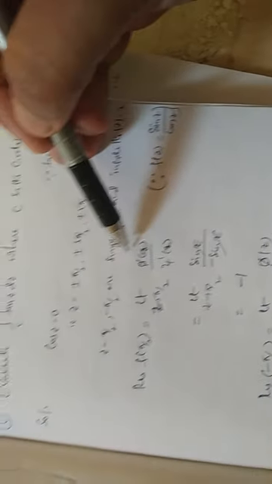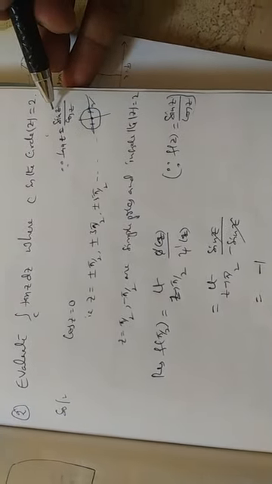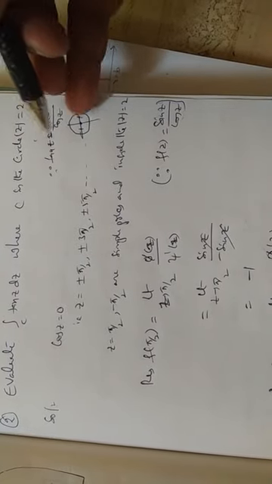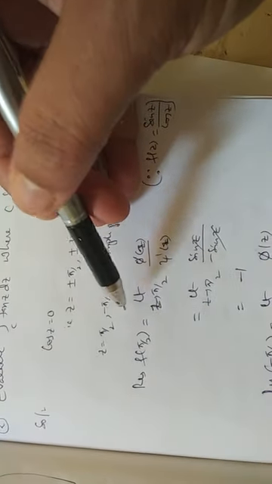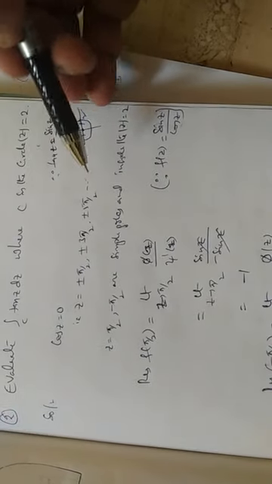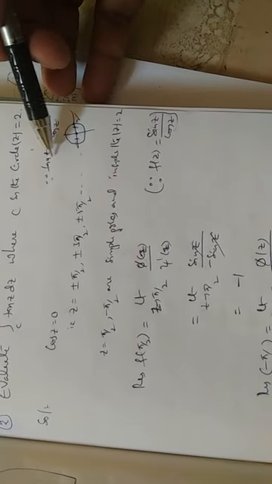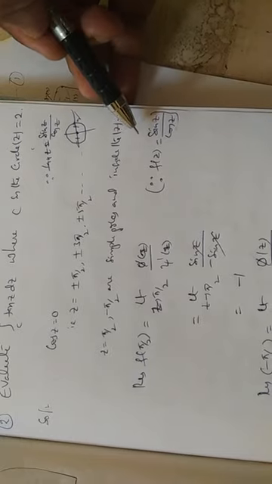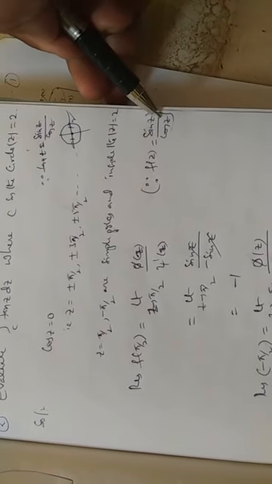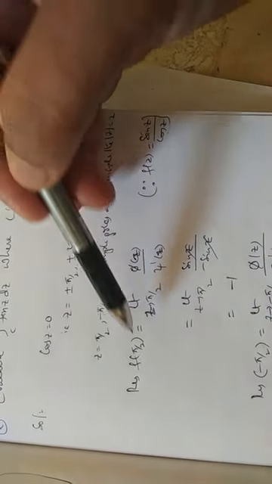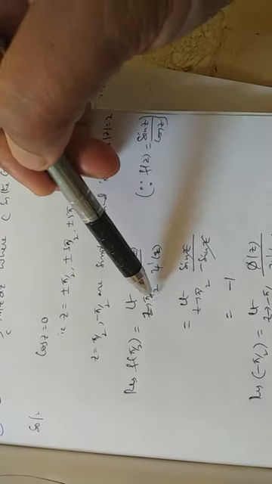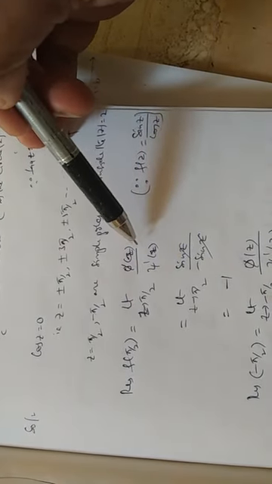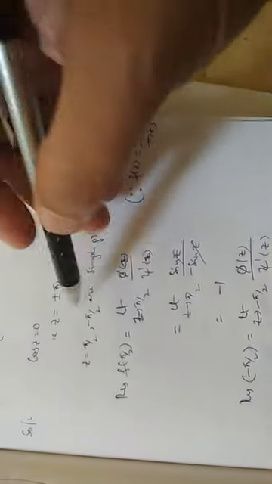But here we can't factorize sin z by cos z with a factor z minus pi by 2. That is the reason we use the second formula: if the given f of z can be written as phi of z by psi of z, then the residue is the limit as z tends to a of phi of z by psi dash of z. That is the formula I am going to use here.